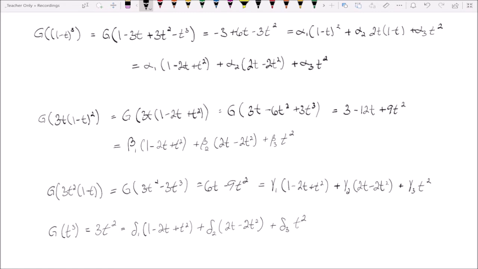Okay. Now remember, we want to solve for each of these coefficients. So to do that, in each case, we're setting up an augmented matrix, right? So our coefficient matrix will be based on these 3 vectors, the vectors in T. And notice for each of the 4, they are exactly the same. So we're going to have the same coefficient matrix for all 4 of these equations, which is why I wanted to wait until the end.